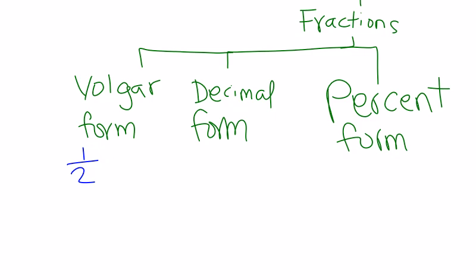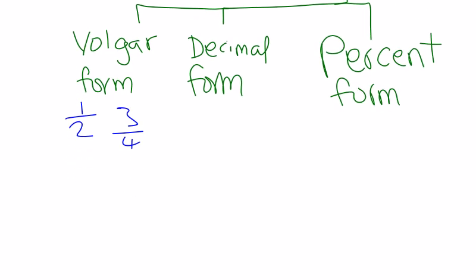Another example of a vulgar fraction is 3 over 4. 3 over 4 is just, let's say, out of 4 pieces, you pick 3. Let me add another example under the vulgar form of fraction.